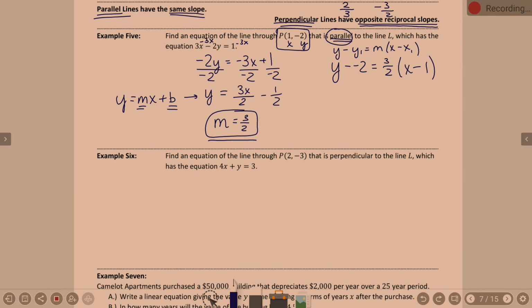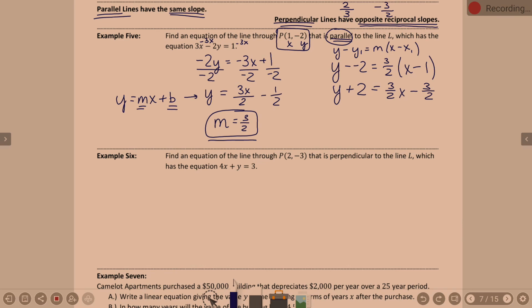Yes. Okay. If I clean this up a little bit, y minus negative 2 is y plus 2. If I take the 3/2 and distribute, we have 3/2 times x is 3/2 x, minus 3/2 times 1 is 3/2.